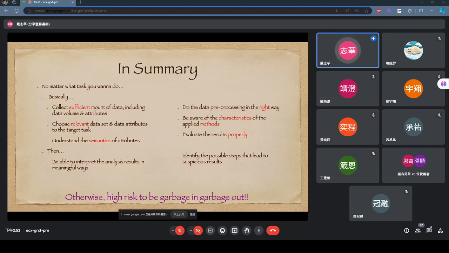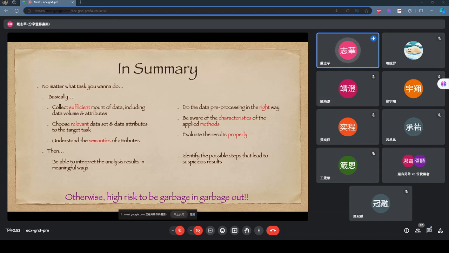The amount of data should be large. You could have only one or two attributes, or we could have more attributes. And the data should be as diverse as possible.